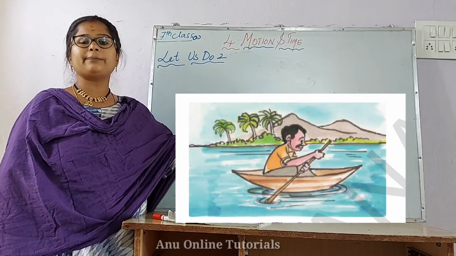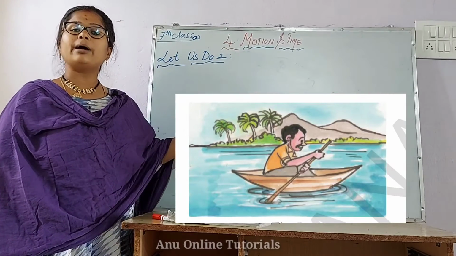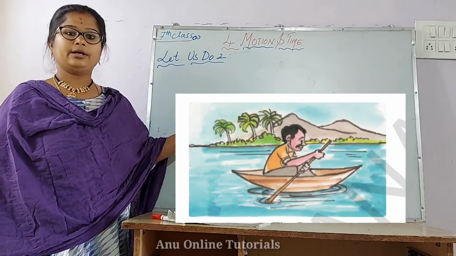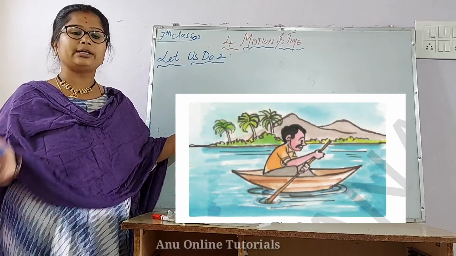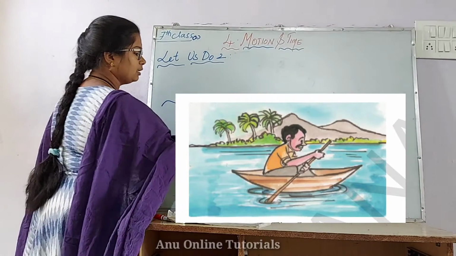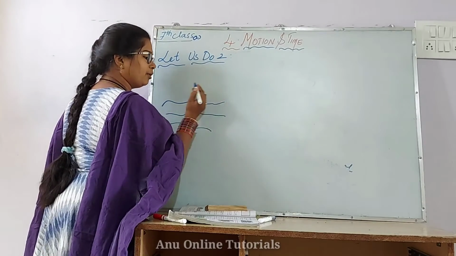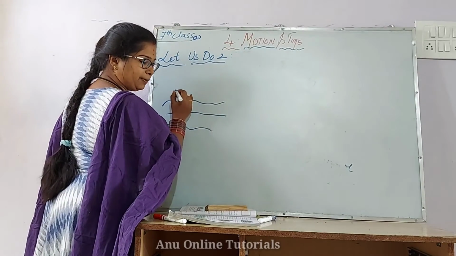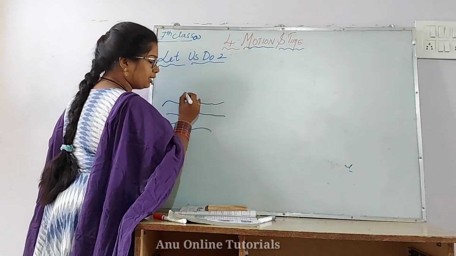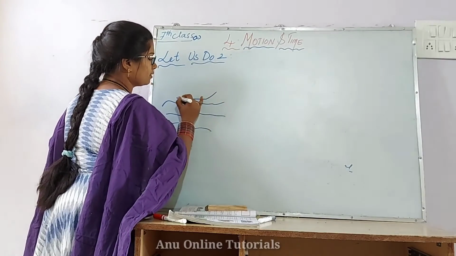See, if you see in the picture, the man is moving. The man is moving means what? River is there. On the ship the person is there, isn't it?